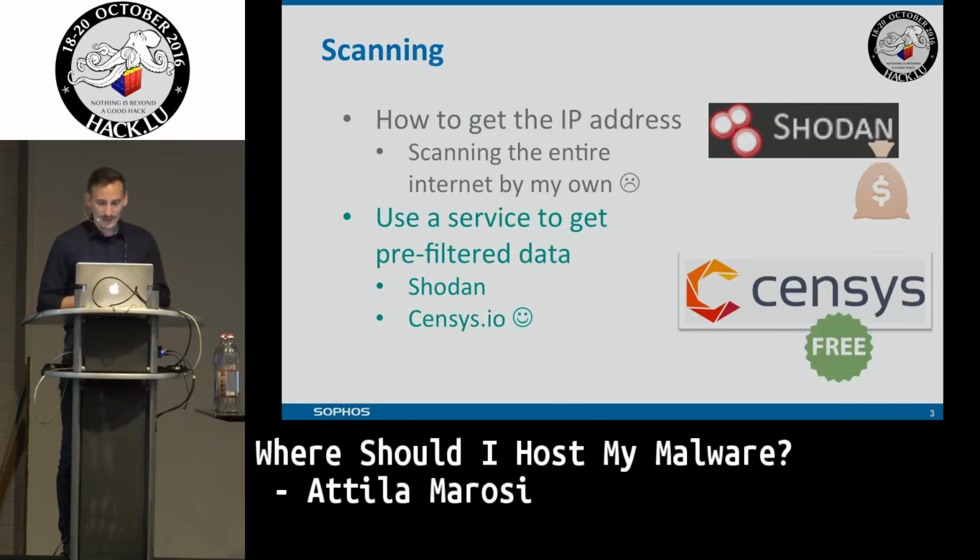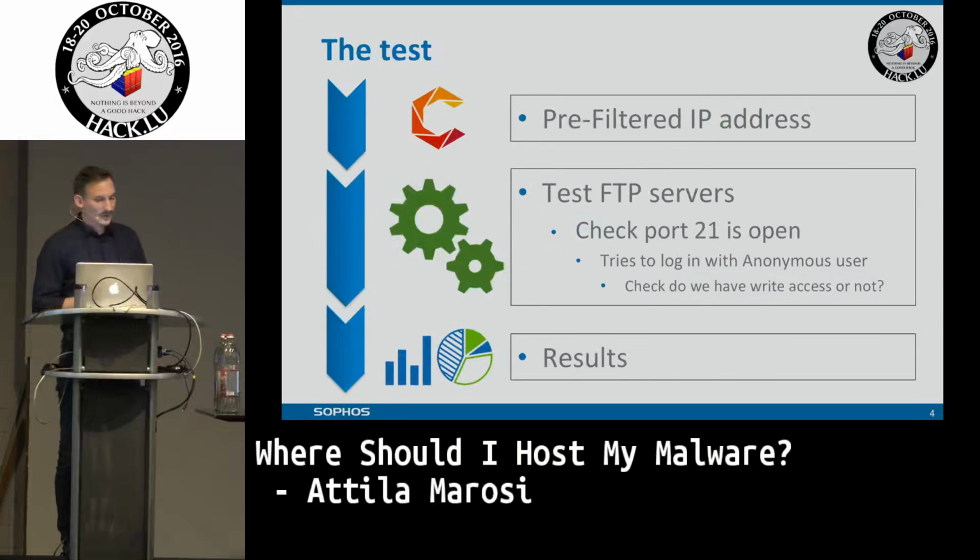So in this research and in ordinary days, I use Censys to get a good hint about the device and the IP address. So how could the process look like to get prefiltered data from one of the services? As I mentioned, I use Censys. Then do the test.